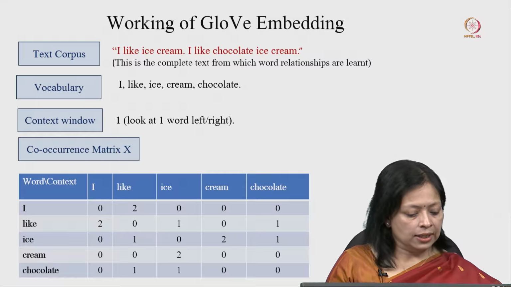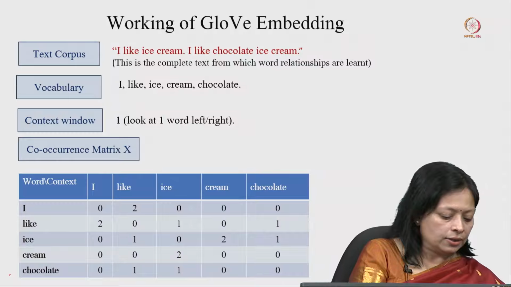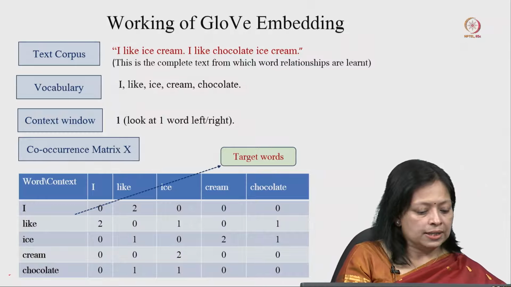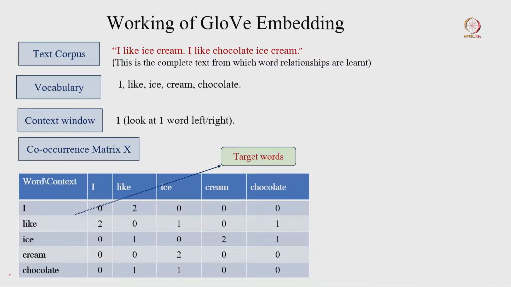I have given a table here, and we will understand what exactly all these things are. The words in the rows are my target words, and the words at the top of the columns are my context words. We will see how exactly I am getting these values.